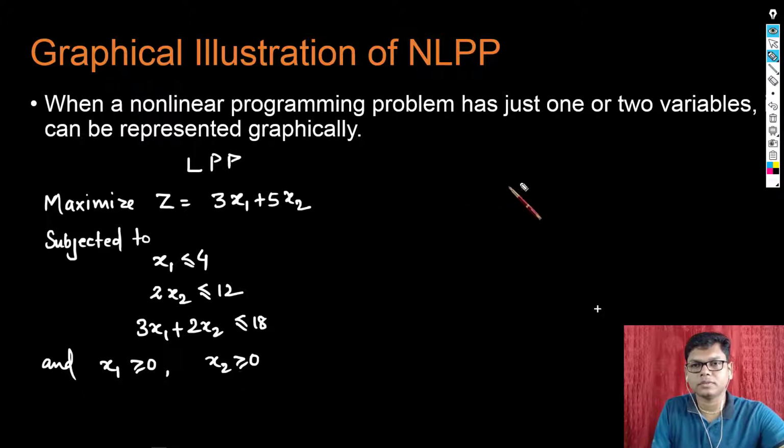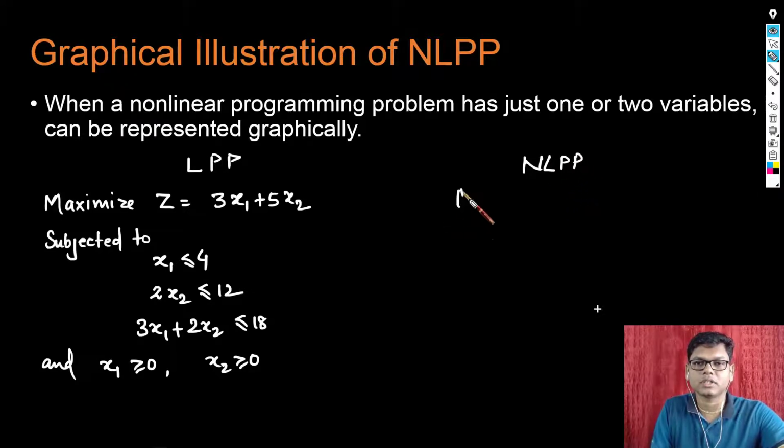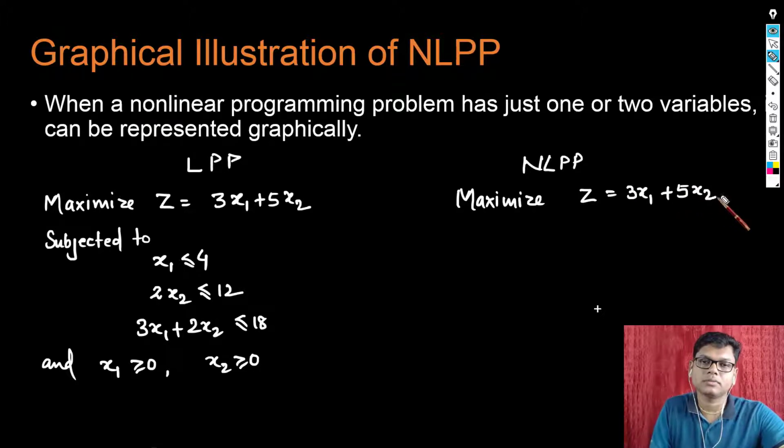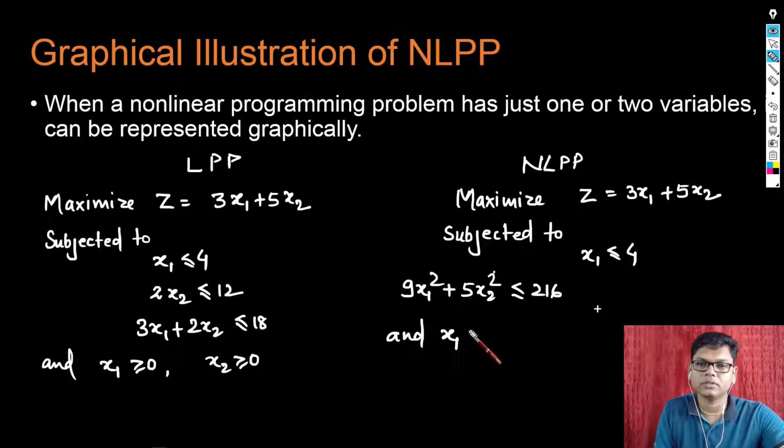And another problem which we have seen has the same objective function, maximize z equal to 3x1 plus 5x2, subject to constraints. The first constraint is the same, but the second constraint has some issue: 9x1 squared plus 5x2 squared, which is actually a nonlinear function, and x1, x2 greater than 0.